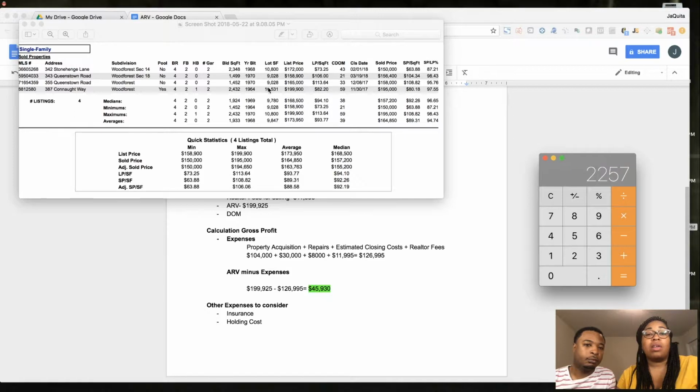What we did was we went through and looked at properties in the neighborhood, and this pulled up properties that are very comparable to that one. And we want to take a look at the average amount sold per square foot, which is 88.58, and we want to multiply it by the square footage of the actual property that we're looking at, which is 2257.